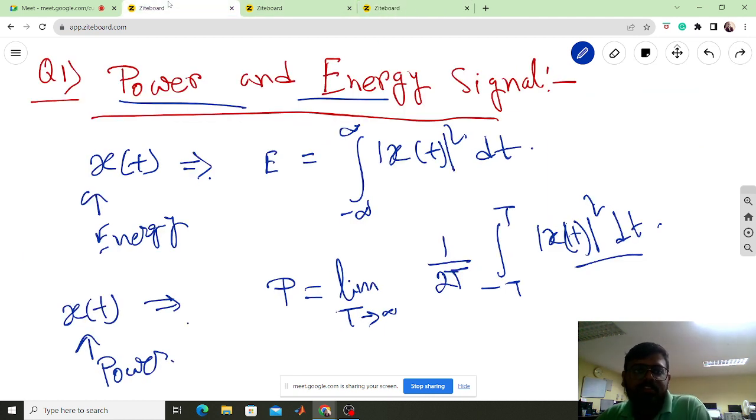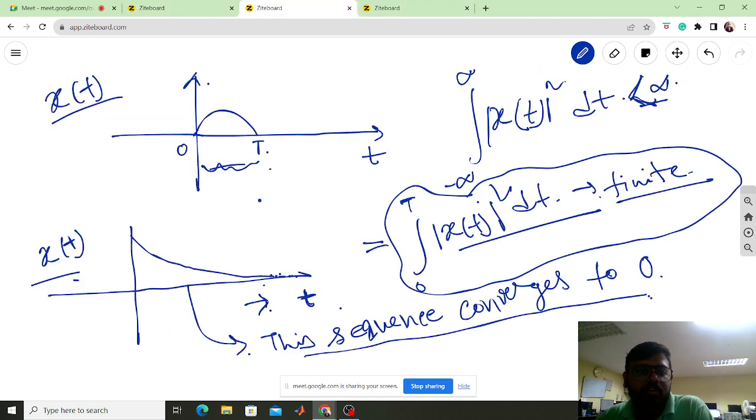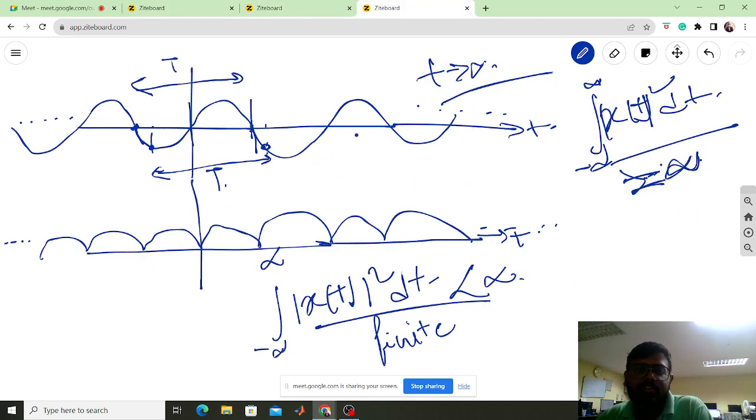So we take the integral from minus T to T, and then divide, averaging over 1 by 2T, with T tending to infinity. Why? Because this is an infinite sequence. So for this sort of signal we say this is a power signal.